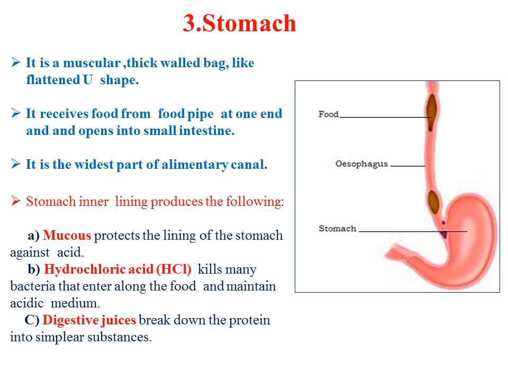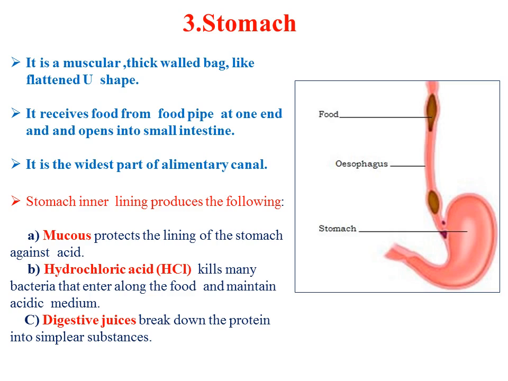As you know, food is churned into a semi-solid mass in the stomach. The enzymes present in gastric juice disintegrate the food. Here the mucus protects the lining of the stomach against the acid. Hydrochloric acid kills many bacteria that enter along with the food and maintains an acidic medium.